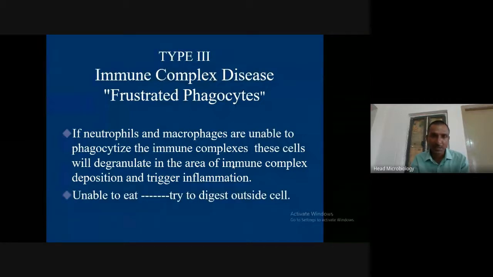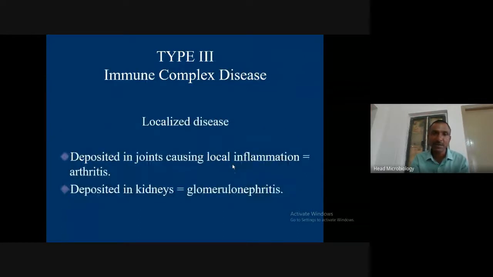In immune complex disease, neutrophils and macrophages are unable to phagocytose the immune complexes. These cells degranulate in the area of immune complex deposition and trigger inflammation, trying to digest the complexes.